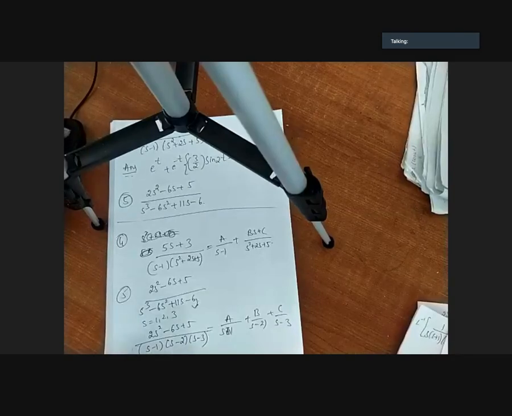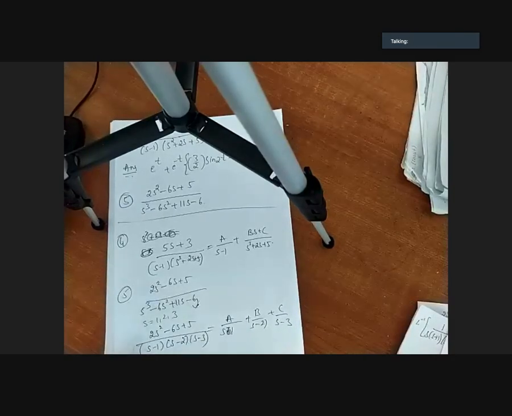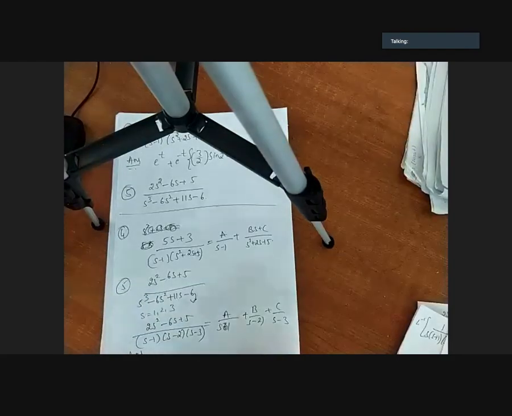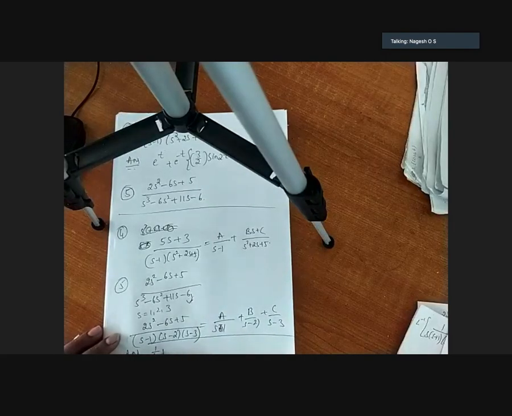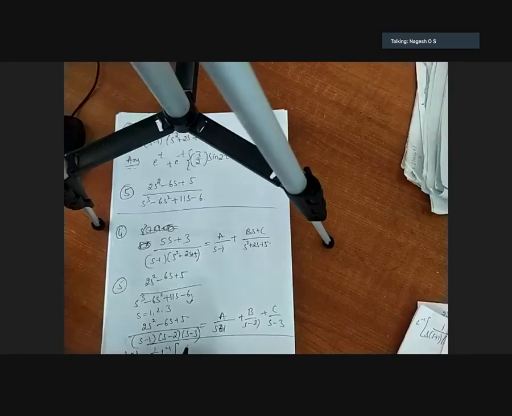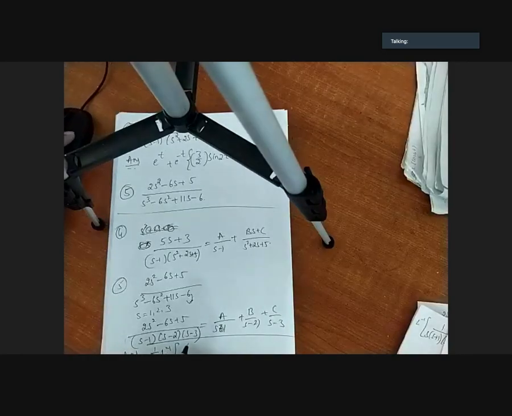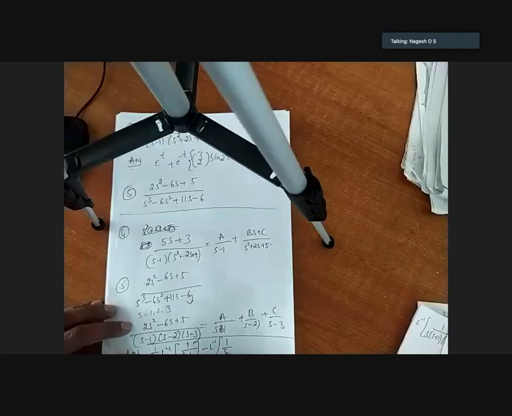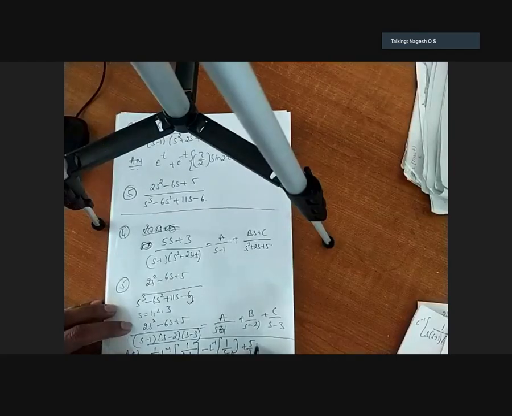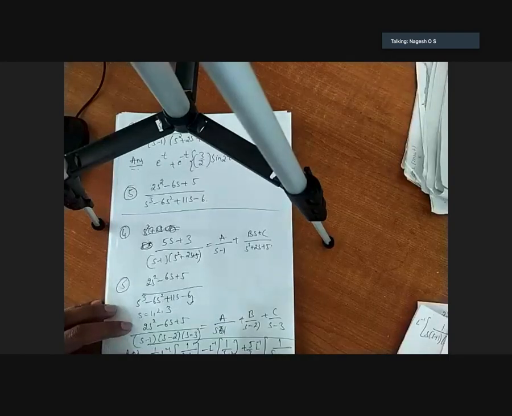So the answer is 1 by 2 Laplace inverse of 1 by s minus 1, minus Laplace inverse of 1 by s minus 2, plus 5 by 2 Laplace inverse of 1 by s minus 3.